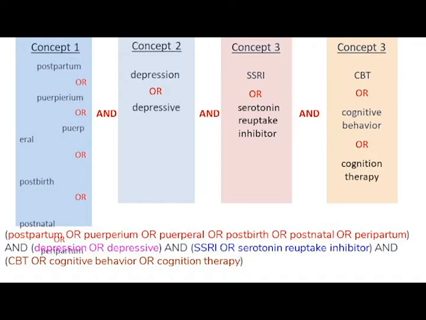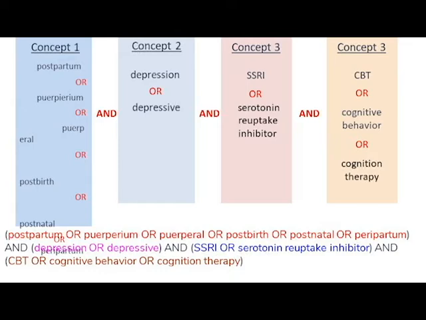And then horizontally I'll add the ands, which means I want to combine concept 1, concept 2, concept 3 and concept 4. You, by the way, do not have to have 4 concepts. You may have 3. You may have more. The more concepts you have, the smaller the set of literature you'll have, just so you know.